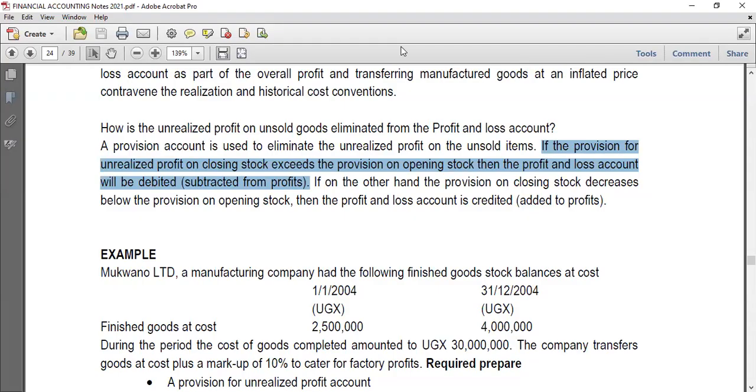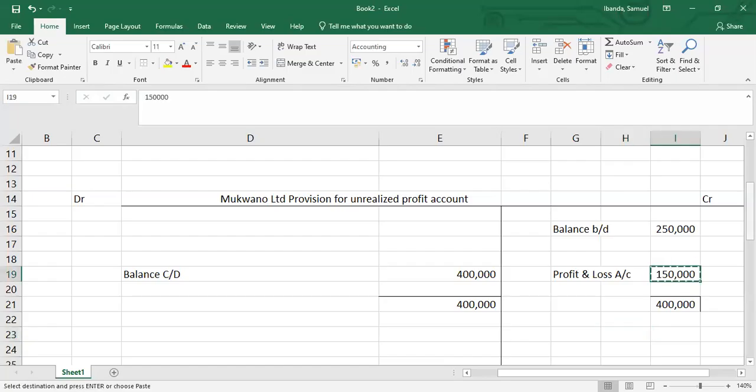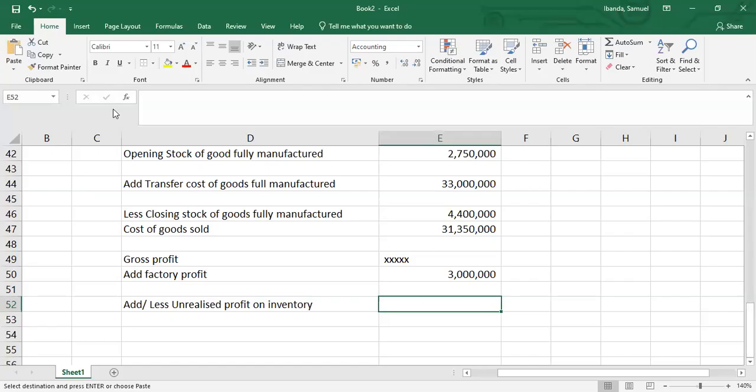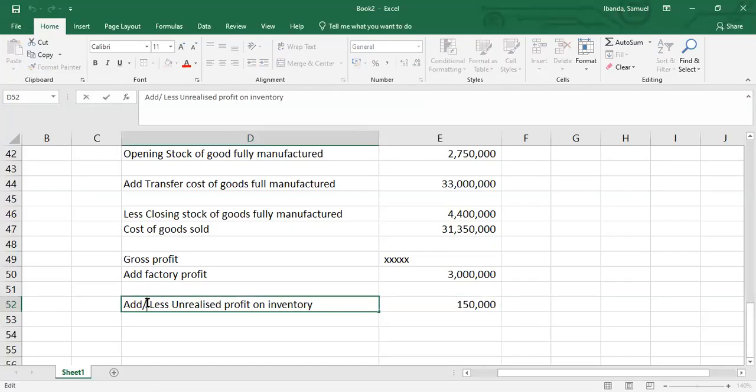So what I'll basically do is get this 150 and less it. I'm going to less my unrealized profit on closing inventory of finished goods.